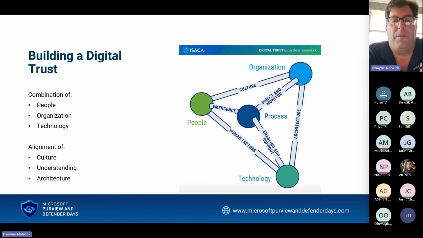And we've always, people, process, and technology has always been kind of a three-pillar thing that we always talk about when we're talking about any kind of application or the cloud or data. But there's the fourth pillar here of the organization as well. The people, the organization, the technology, and the process, and how we're handling this.